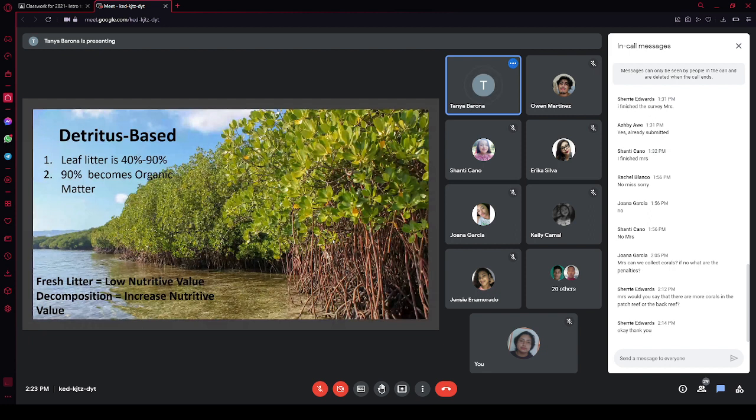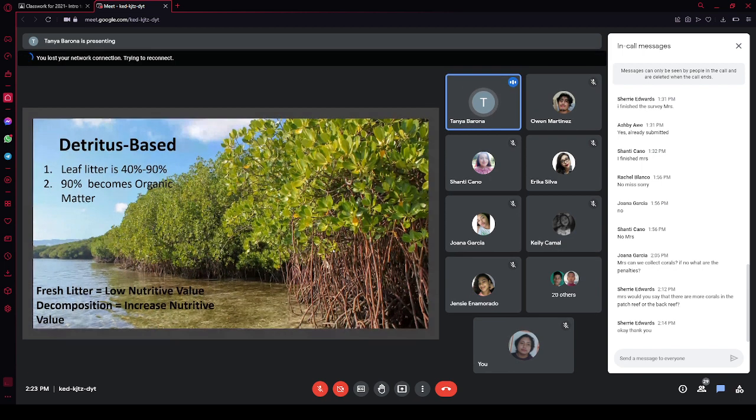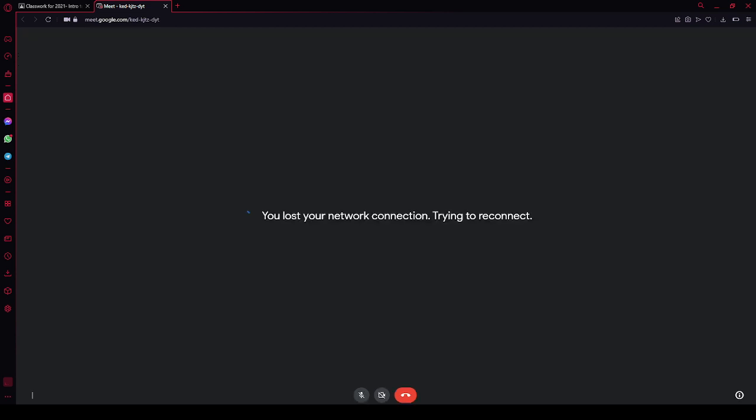Okay, and most of the mangrove system is a detritus-based system, meaning that the litter that falls from the mangrove trees, the leaves, the branches, and other organic matter, gets decomposed and contributes to the primary production of nutrients from that system.